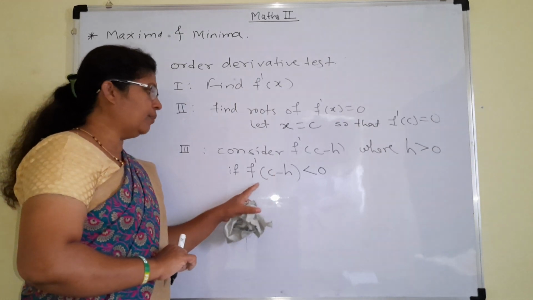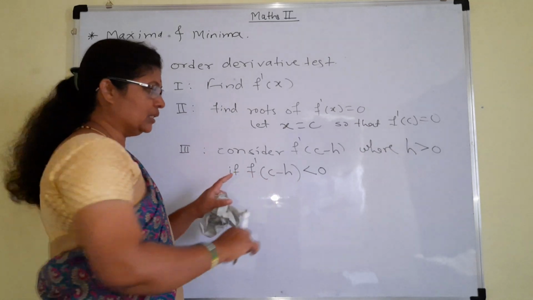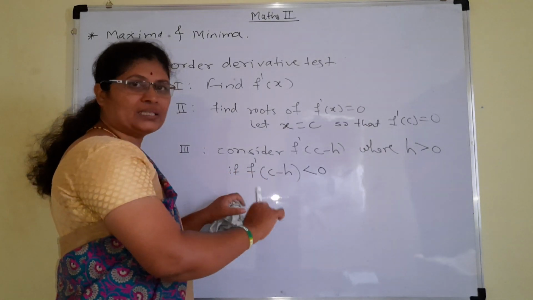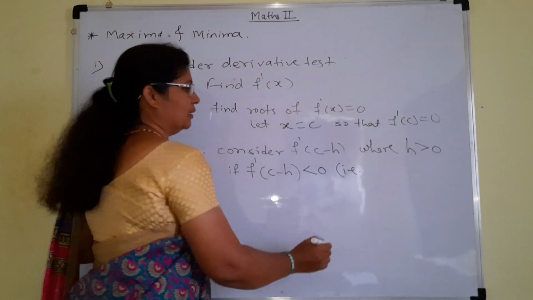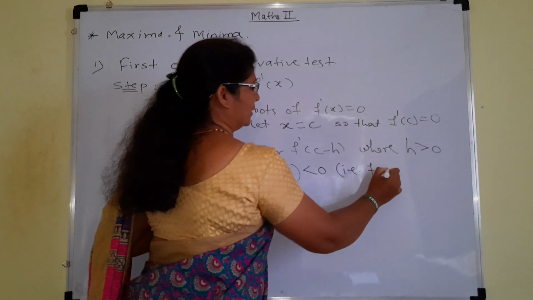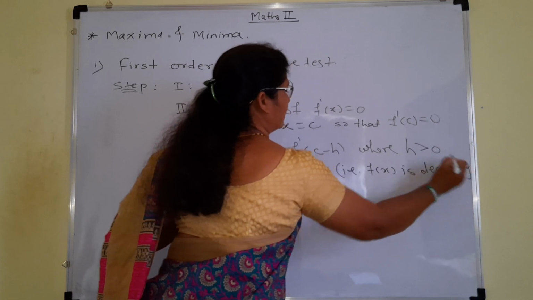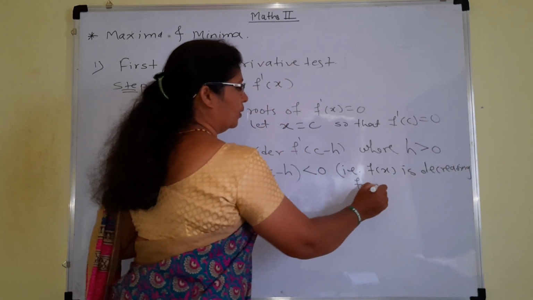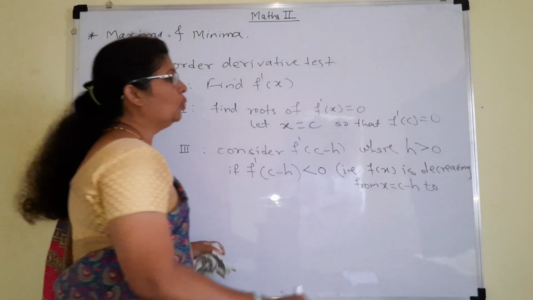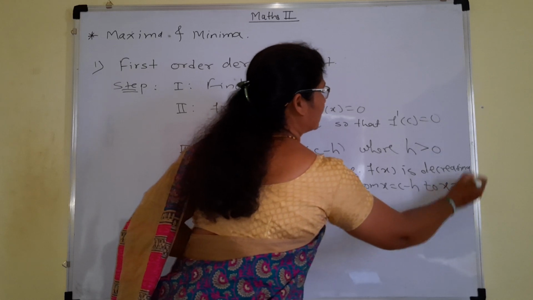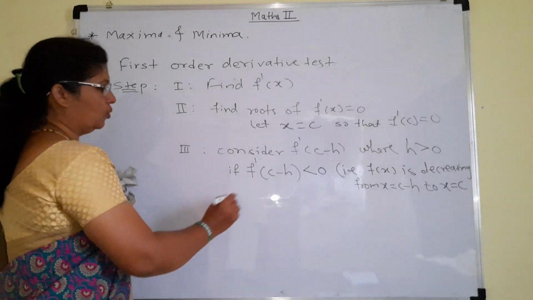In the same way, f dash of c minus h is less than 0 means in the part from c minus h to c, f of x is decreasing.